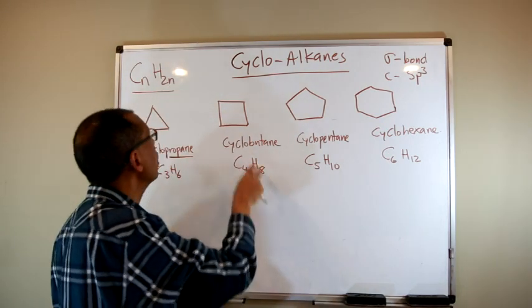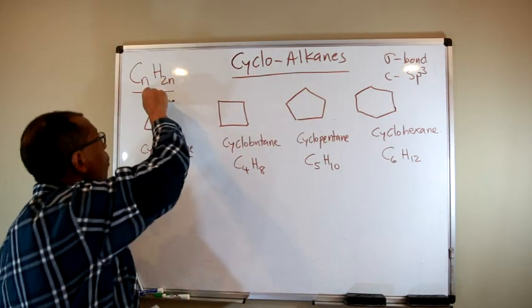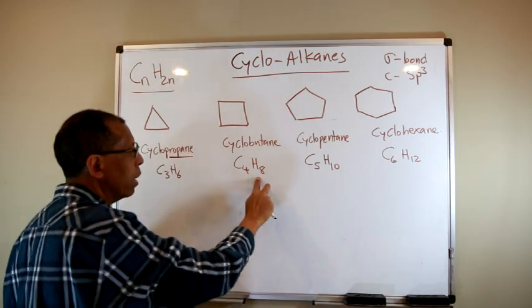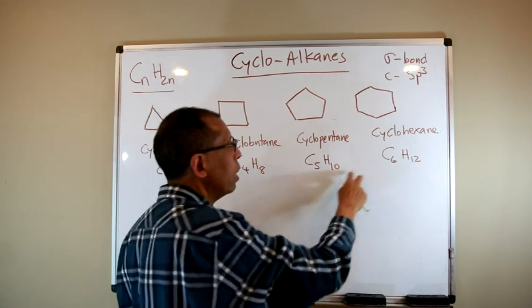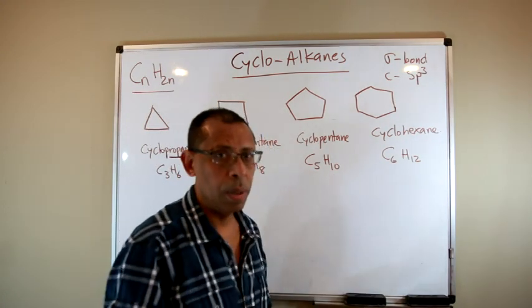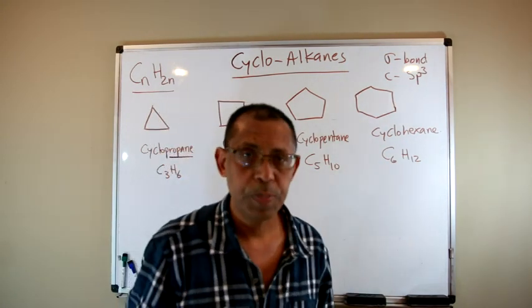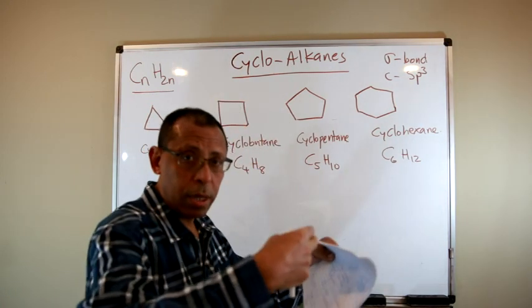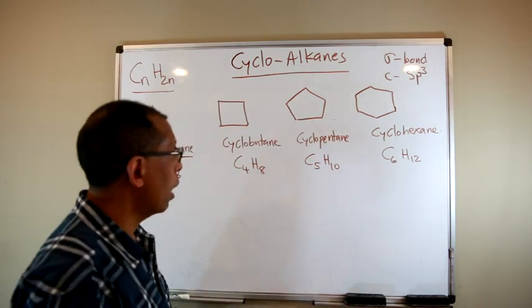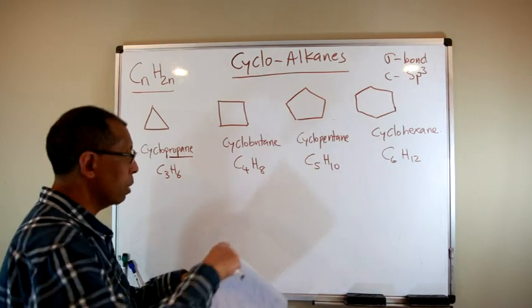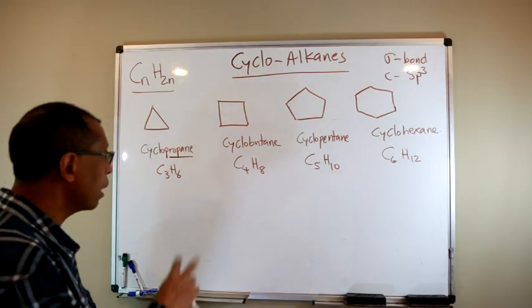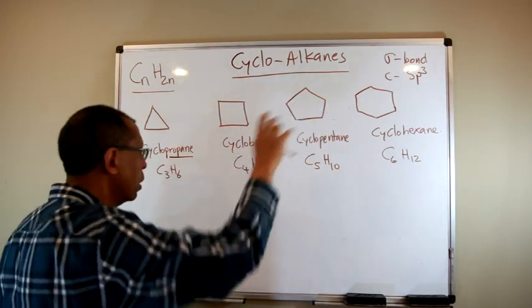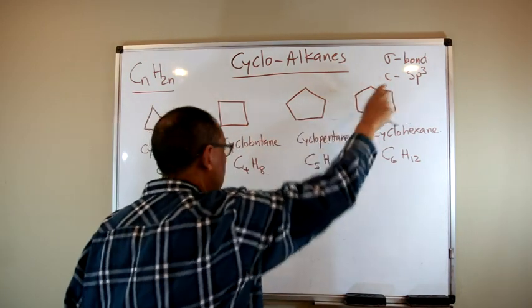Here C4H8, because you have carbon 4, 2 times 4 is 8. C5H10, C6H12. It's just double the number of carbons, because since it is a cyclic form, there are 2 hydrogens that are out in making the bond. So as I said, all are sigma bonds, all are sp³ hybridized.